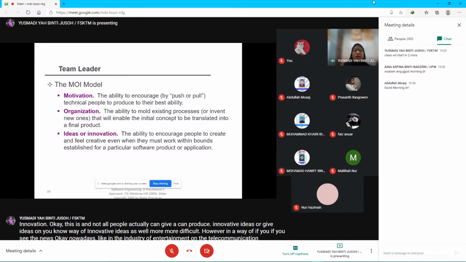Okay, to encourage people to create and feel creative even when they must work within bounds established for a particular software product or application. So this idea can come from other things, very routine days.